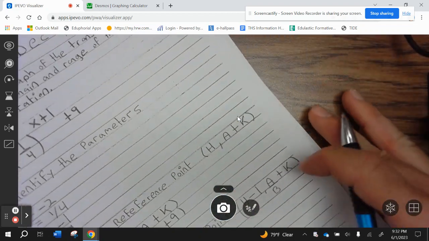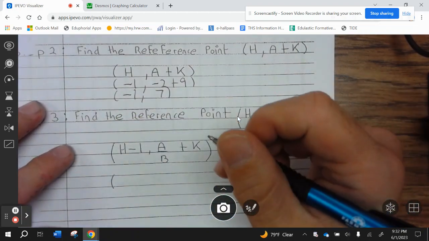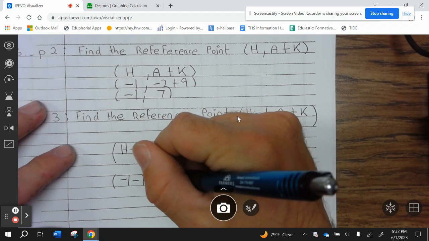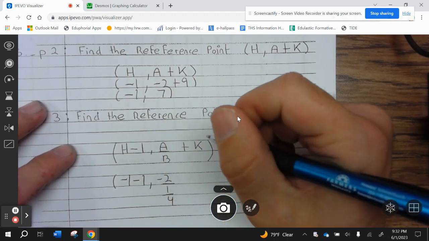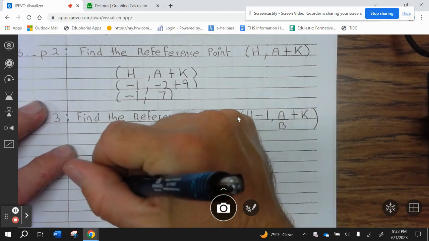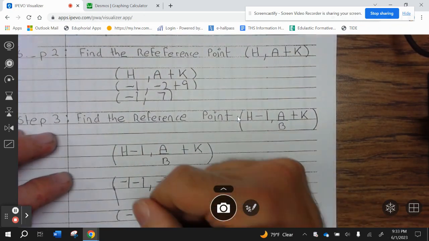And then H is negative 1 minus 1, comma, A is negative 2 divided by 1/4, plus K is plus 9. So then that point is negative 2, comma, 1.